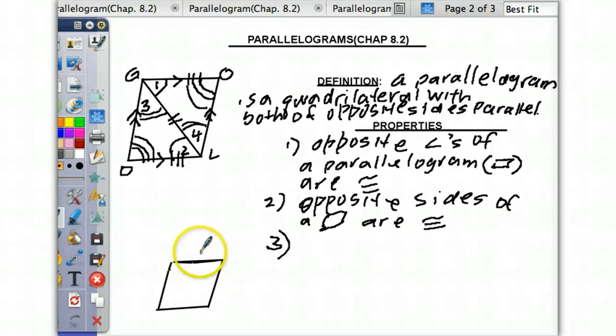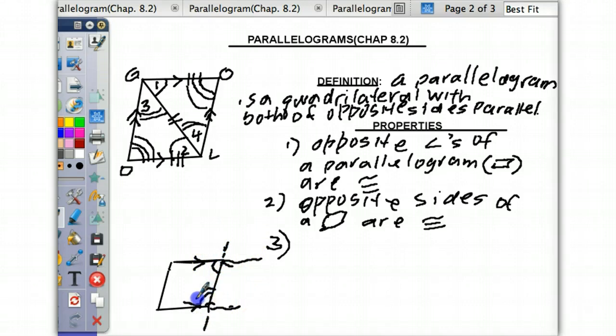All right. Since this is parallel to this, and now this will be like a transversal coming through here, let me just extend this. We have parallel lines cut by a transversal. There's a certain relationship between these two angles, this one and this one right here.